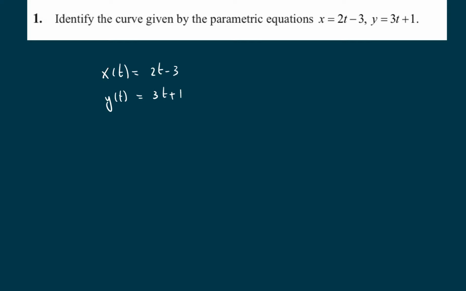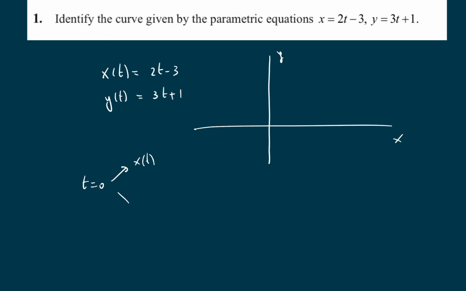So maybe you can see the curve like this. This is the x, this is the y. When t equals 0, the x is being fed from the t, and the y is being fed from the t. So x of 0, according to the first equation, is 2 times 0 minus 3, so it's minus 3.